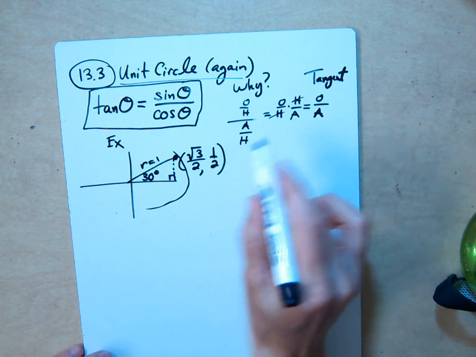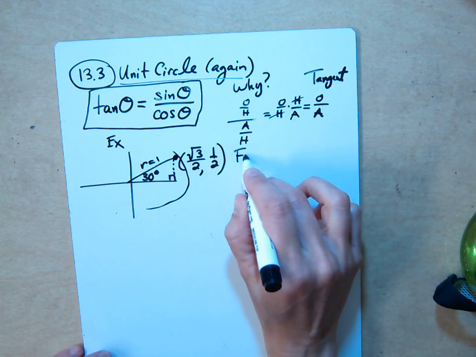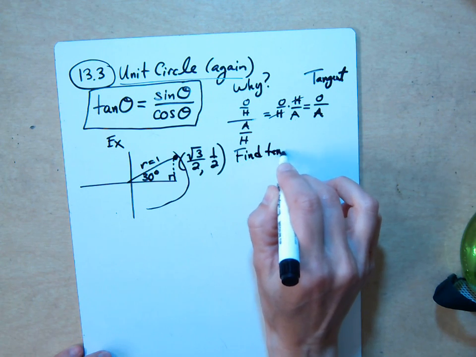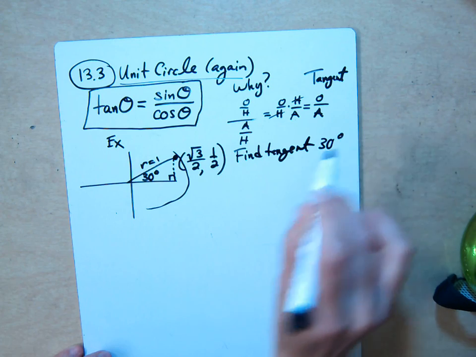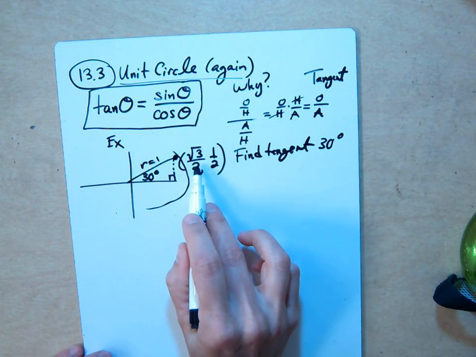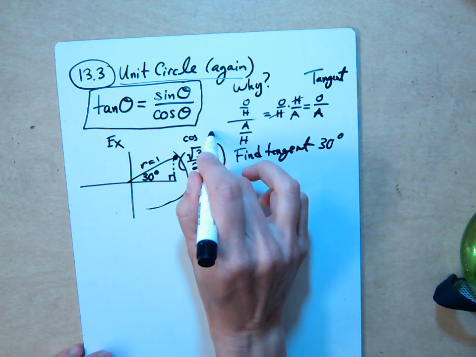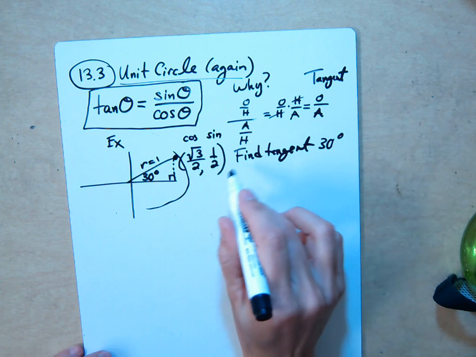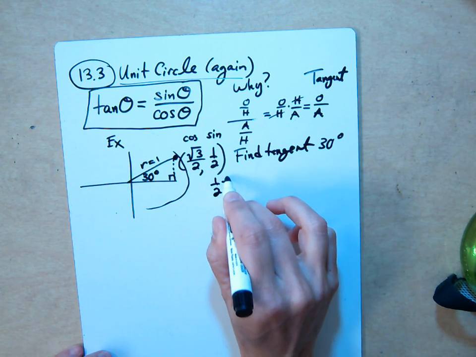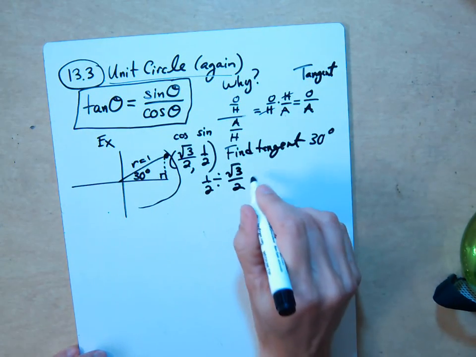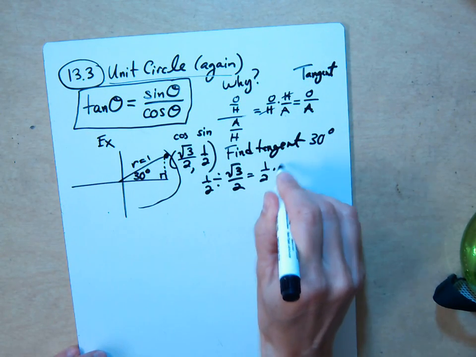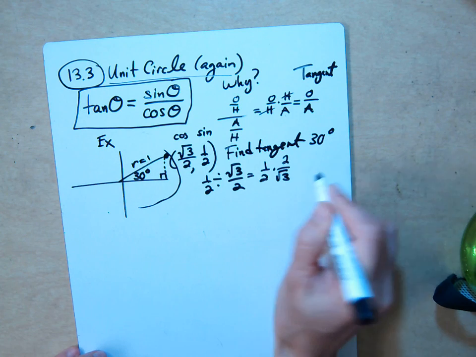So if I want to find the tangent of 30 degrees, I would do sine over cosine. This is the cosine, this is the sine. So I would do 1/2 divided by root 3 over 2, which is 1/2 times 2 over root 3.